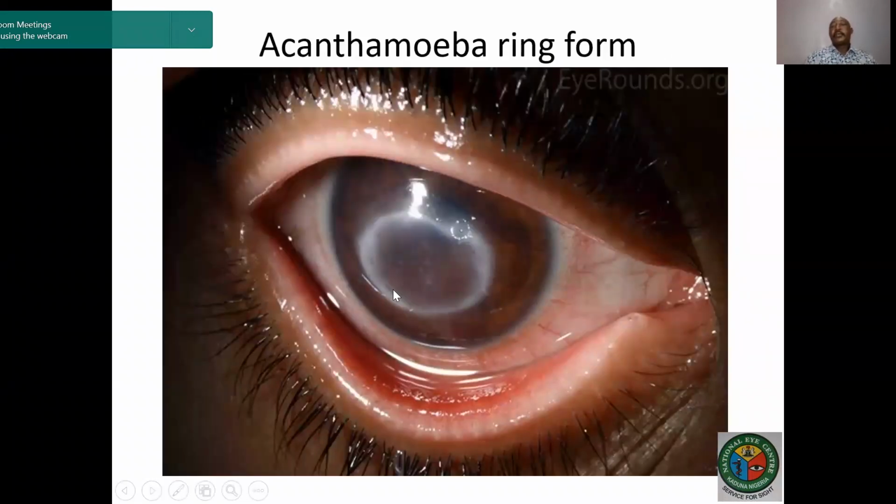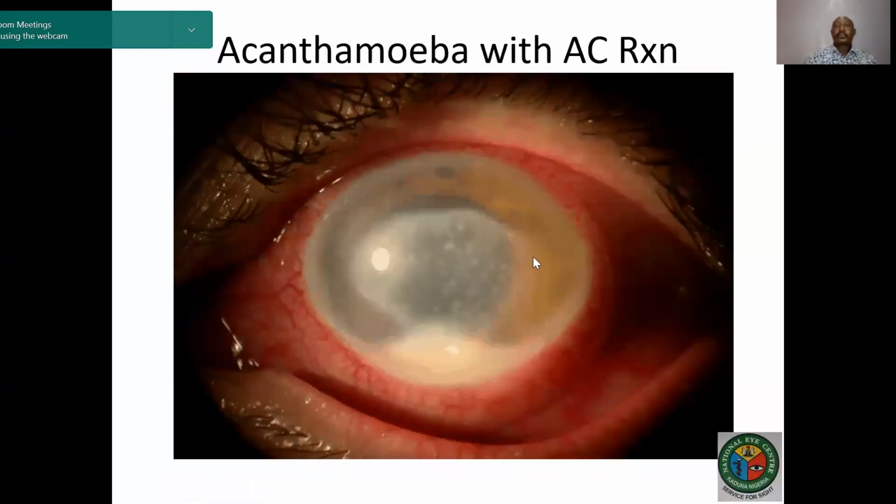These are ring form ulcers. Several causes of ring form ulcers, including Pseudomonas. But in this particular patient, you can see Acanthamoeba presenting typical ring ulcers. Look at the extent of the reaction, anterior segment, anterior chamber reactions in these patients.